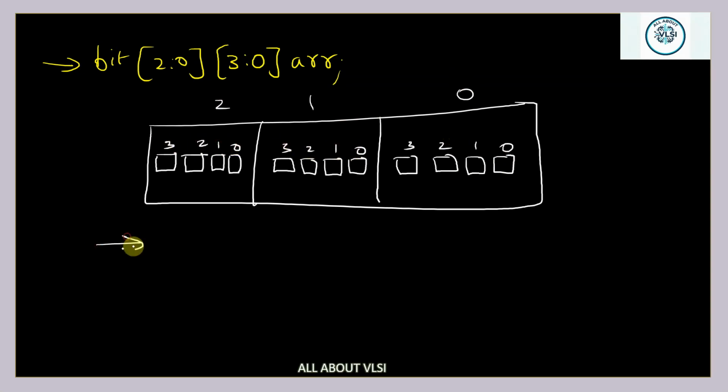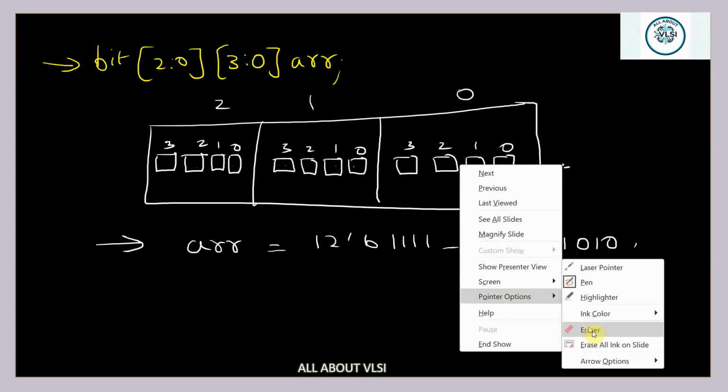Now if I write ARR is equal to, how many bits are there? 1, 2, 3, 4, 5, 6, 7, 8, 9, 10, 11, 12. So 12'b1111_0111_1010. The bits will be filled in this particular order. Let me show you the order in which they fill.